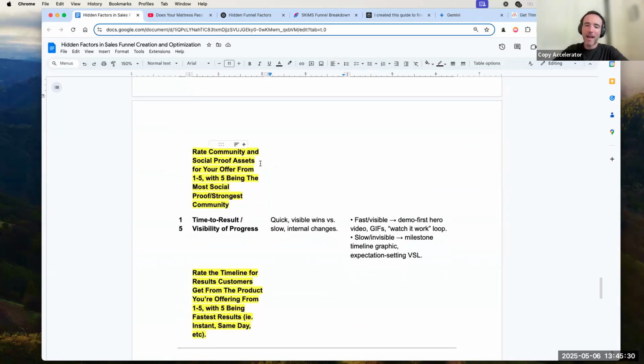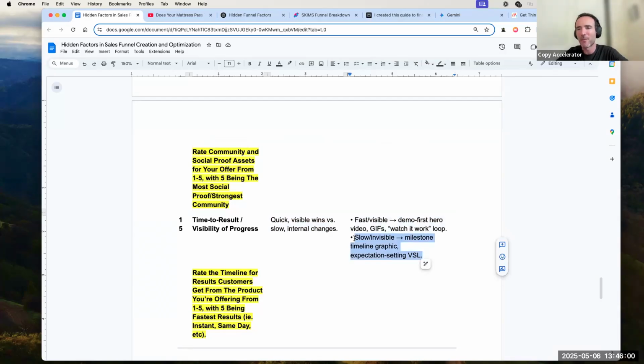Okay, and then the last one in these factors is really just time for results or visible progress. Kind of similar to demonstrable proof in some respects, but the faster somebody can get a quick visible win, the less long it'll be. Again, it relates to demonstrable proof, to be honest with you. But where we see this with people in our mastermind who are selling supplements or even devices is where they're like, hey, in your first week, here's what you'll expect.